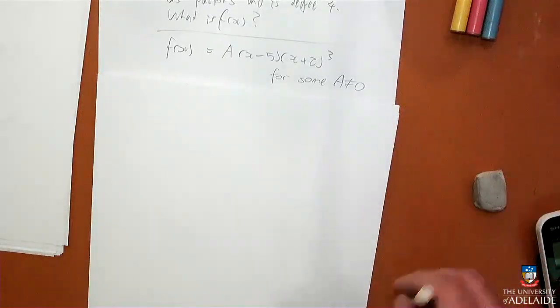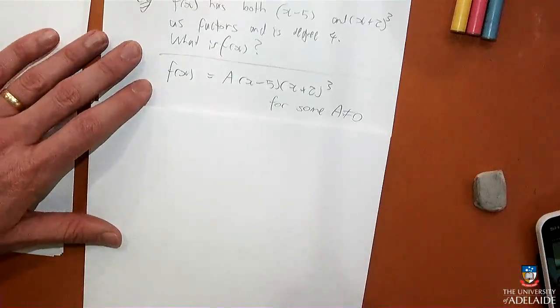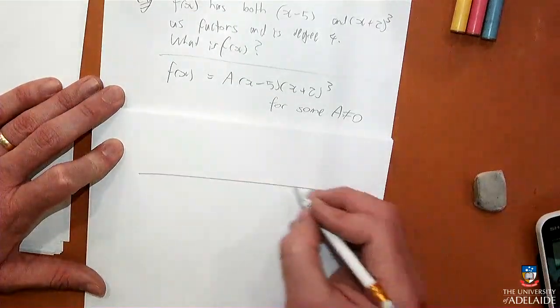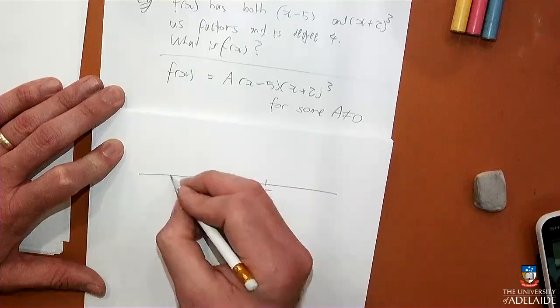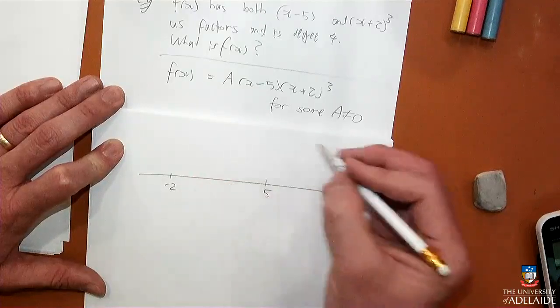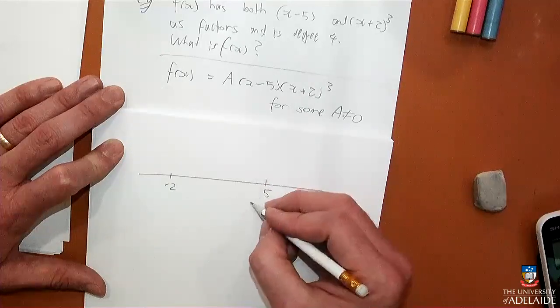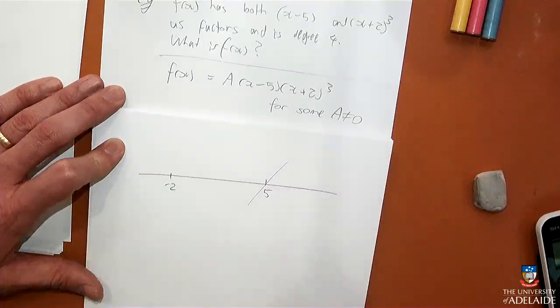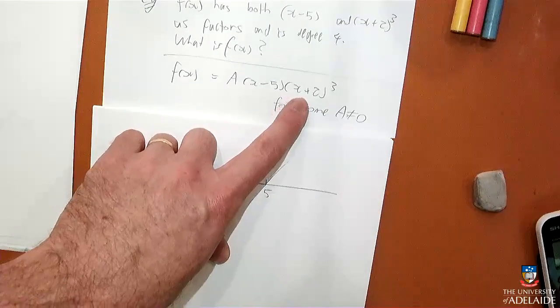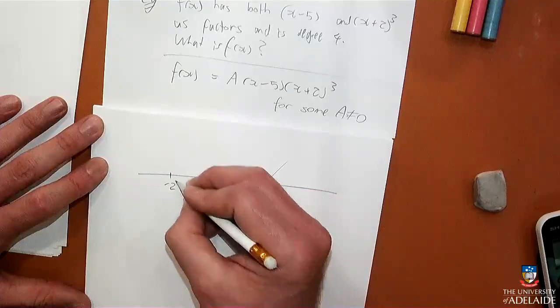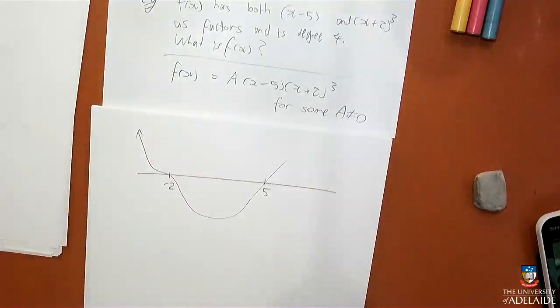And I also know how to graph this as well, just to be sure. It has a 0 at 5, it has a 0 at minus 2. I know it crosses through at 5. And I know that it does what x cubed does at this point. I didn't say that earlier because it just seemed like a lot of information, but if you happen to notice it, then that's fine.